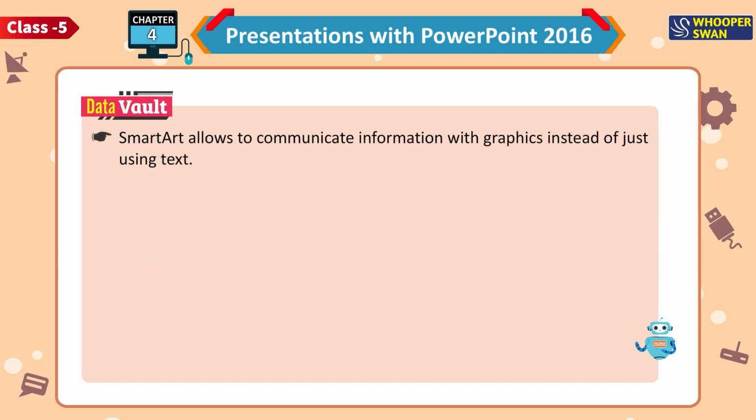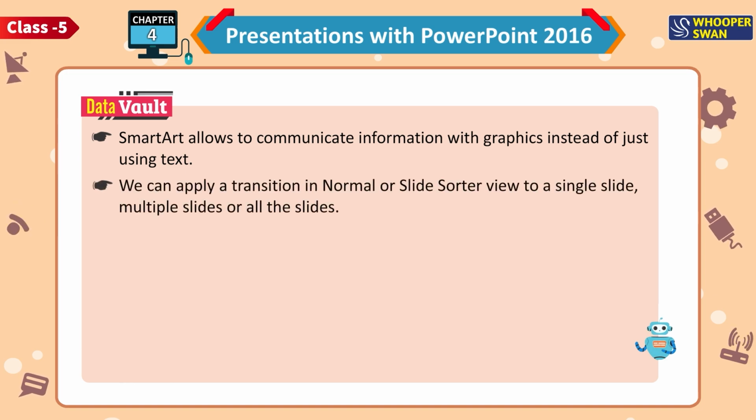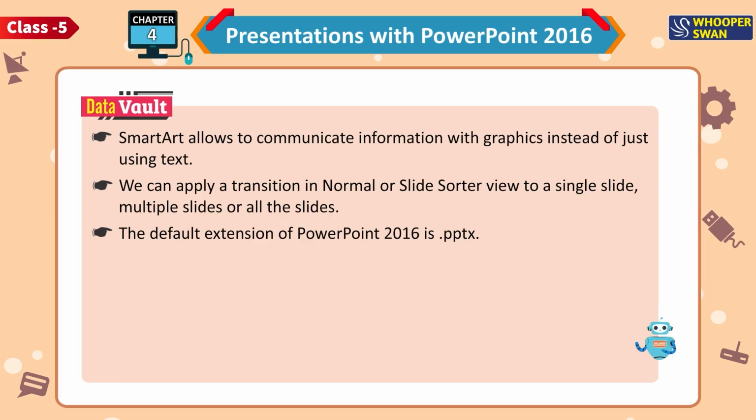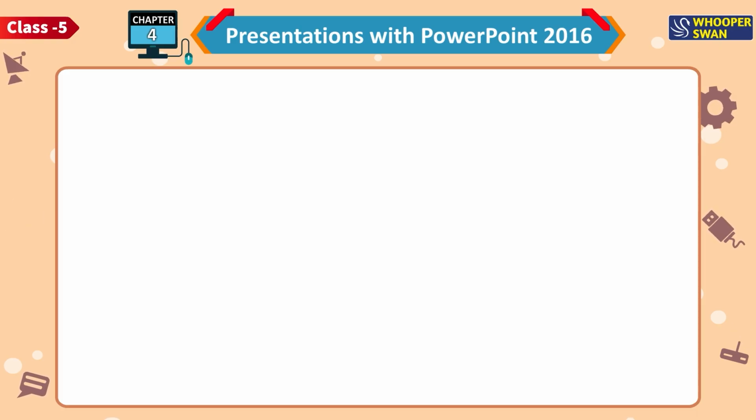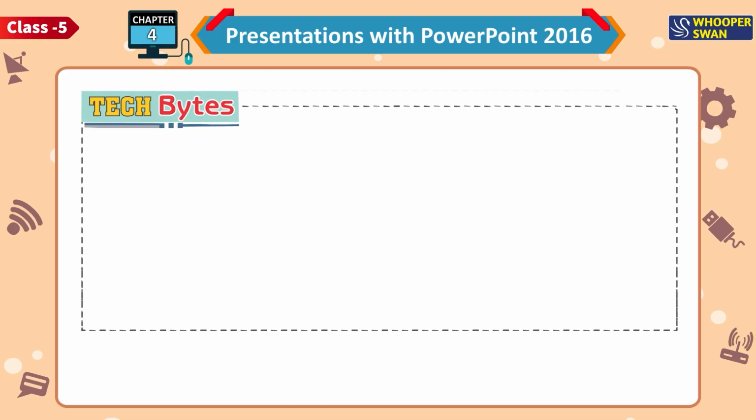Smart Art allows us to communicate information with graphics instead of just using text. We can apply a transition in Normal or Slide Sorter view to a single slide, multiple slides, or all the slides. The default extension of PowerPoint 2016 is .pptx. Tech Bytes.